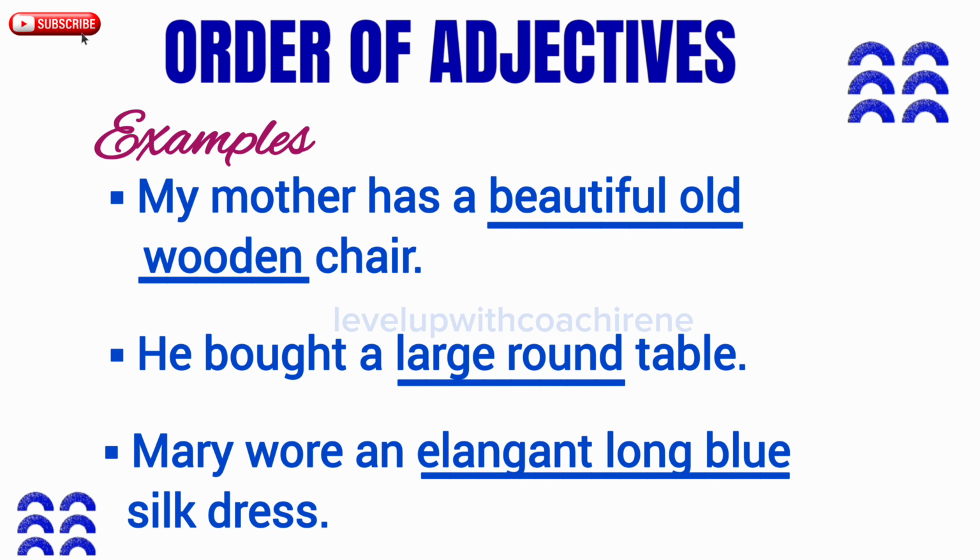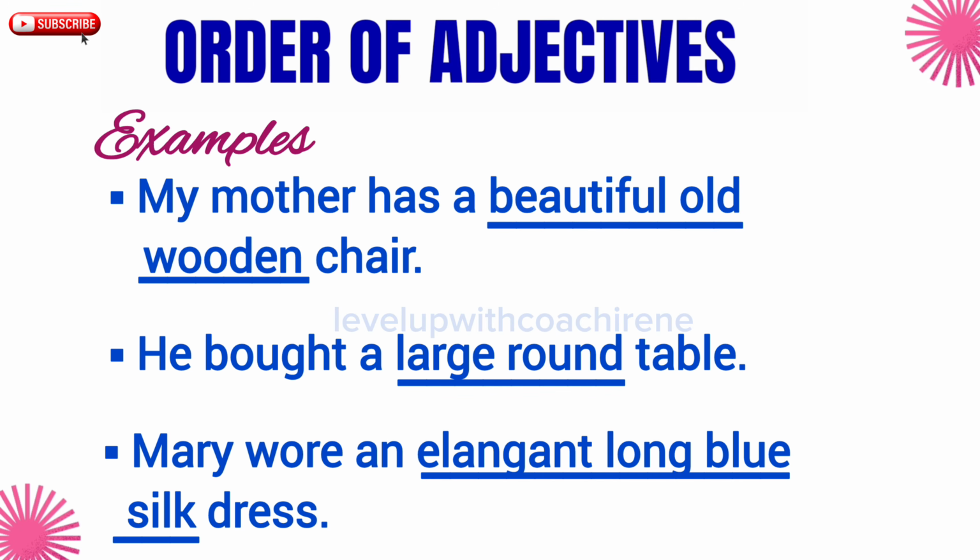Lastly, Mary wore an elegant long blue silk dress. The adjectives include elegant, long, blue, silk before the noun dress. If you observe, in these sentences, the adjectives help describe the nouns clearly without overwhelming the reader.